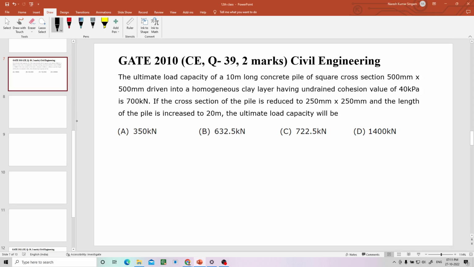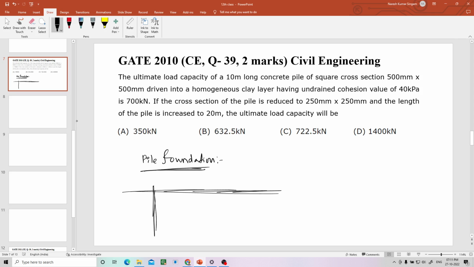Fine. So moving on to the next question, this is regarding the pile foundations. I have recently explained what pile foundations are, what their use is, the classification and all. Here, pile foundations are long, the foundation height or depth will be very much higher compared to the width or lateral dimension.